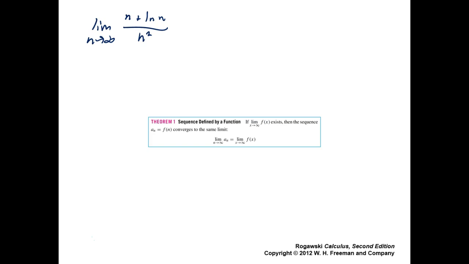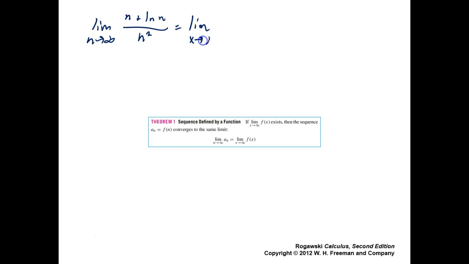Now, this is one of those cases where it is advantageous to change to the function. So what is the function? What variable do you want to use? Everybody's favorite, x.